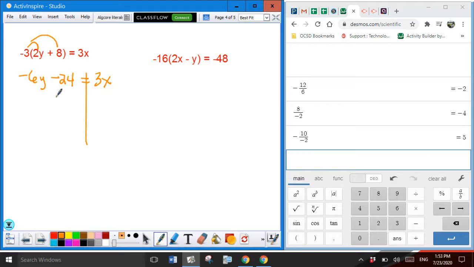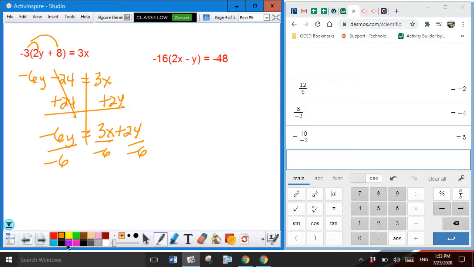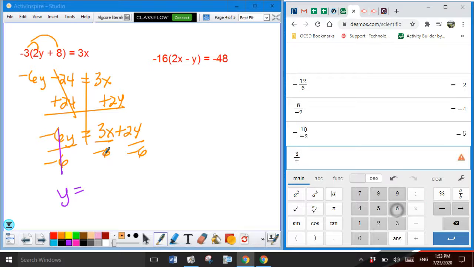So the opposite of negative 24 is a positive 24. Gone. Now these are still not like terms, so they're still just going to hold on to each other. And I'm dividing 3 times. Cross out.